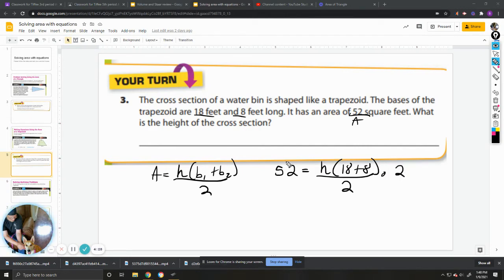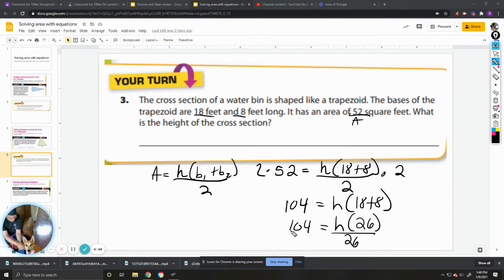You're going to multiply 2 to both sides. 2 times 52 is 104. Then 18 plus 8 is 26. Then you're going to divide both sides by 26. 104 divided by 26 is 4. So the missing height of this trapezoid is 4 feet.